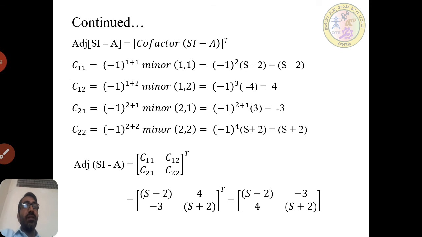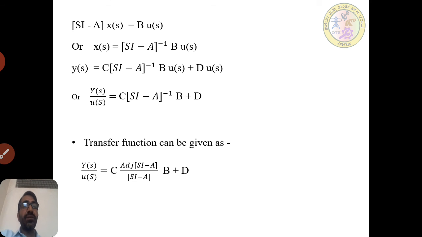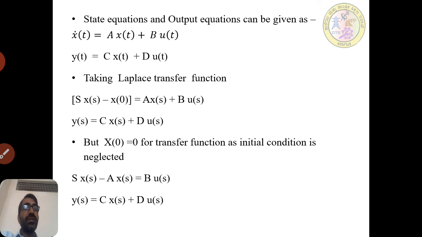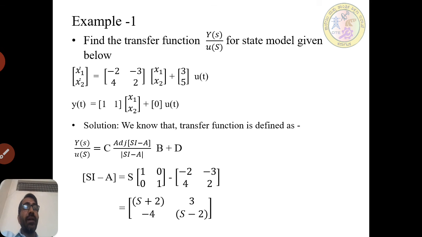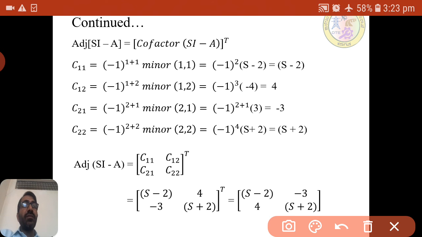So this one is a session on how to get the transfer function from the given state model, that is through the state equation and the output equation. In the earlier two sessions, we have not shown how to find out the cofactor, the step was there, so we directly wrote it. So here we have made it clear how to find out the cofactor. It is very easy.